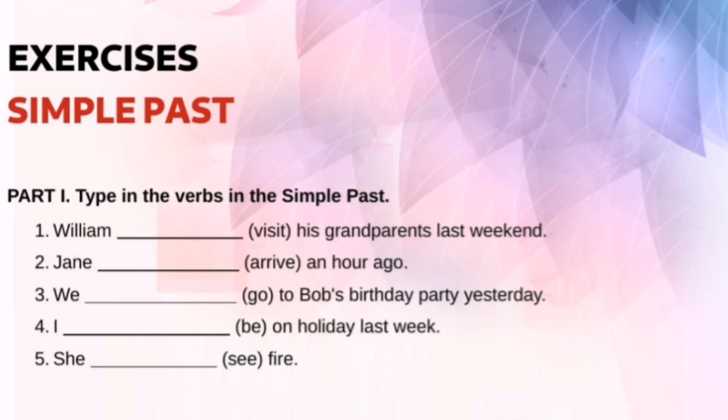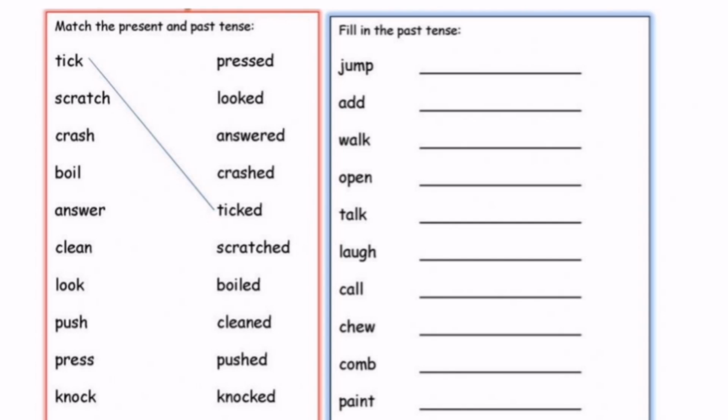Number 1, visit. 2, arrive. 3, go. 4, be. And the last one, see. Next exercise. Match the present and the past tense.